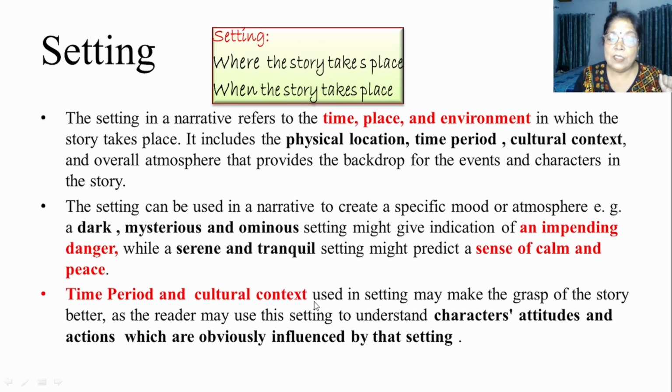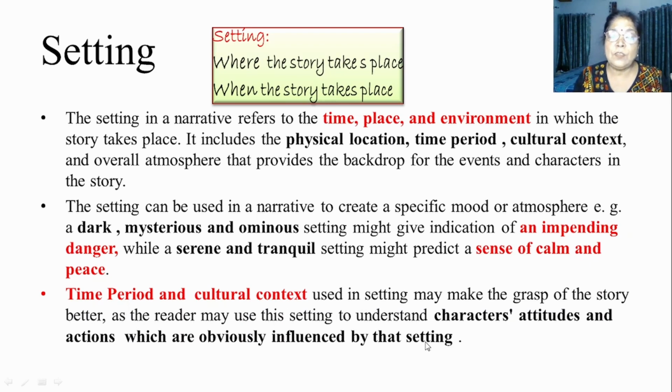Time period and cultural context used in setting may make the grasp of the story better. If the time period and the cultural context have been described in the story, definitely it makes the grasp of the story very easy for the reader, so that they can easily understand the attitudes of the characters and the actions of the characters, which are obviously influenced by that setting.